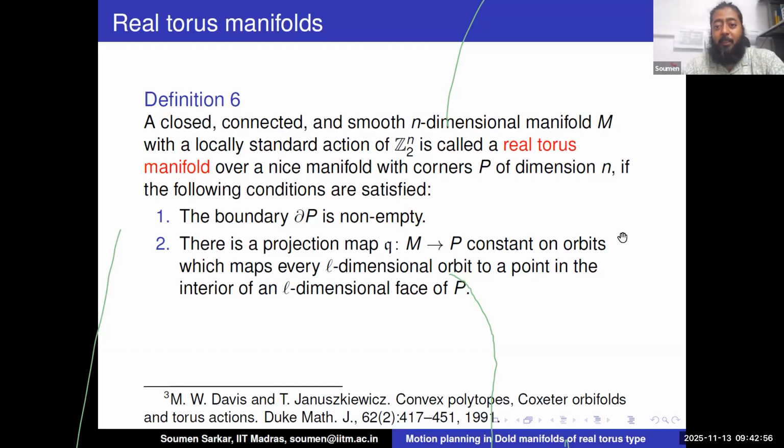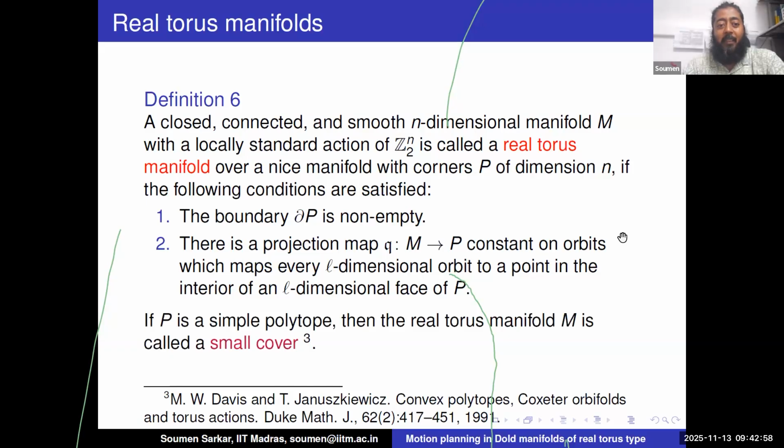Why do real torus manifolds come into the picture? In particular, if P is a simple polytope, then the real torus manifold is called a small cover. Davis and Januszkiewicz studied these small covers, and more generally some other people from China and Japan gave a more general definition.